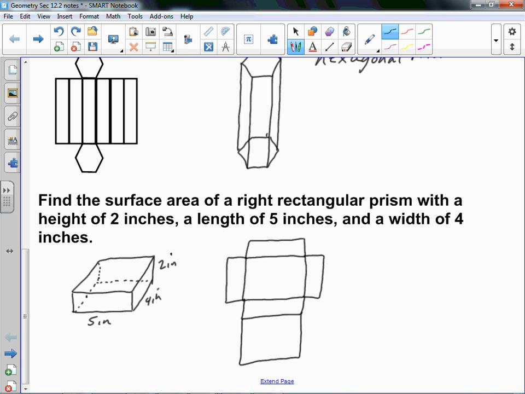The net might look something like that. Right? So when we look at the net, 5 inches, 2 inches, 3 inches, 4 inches.